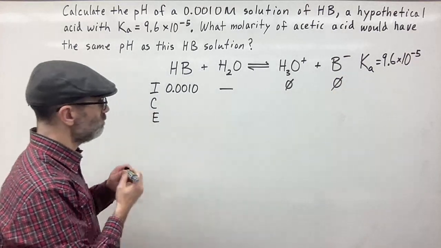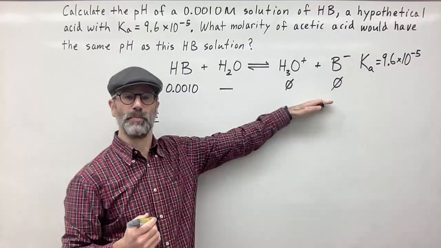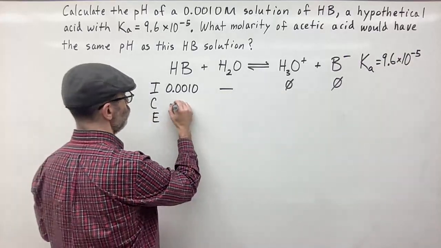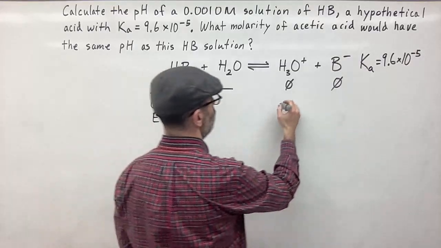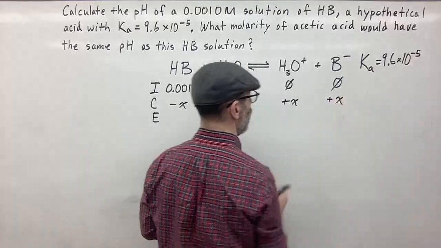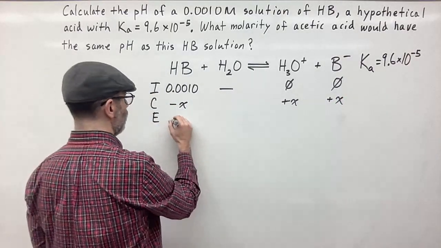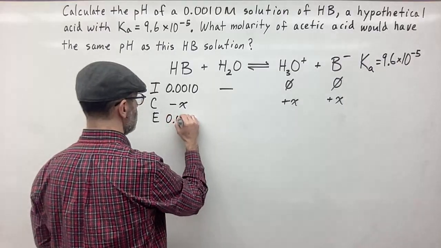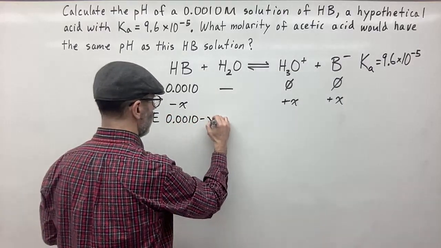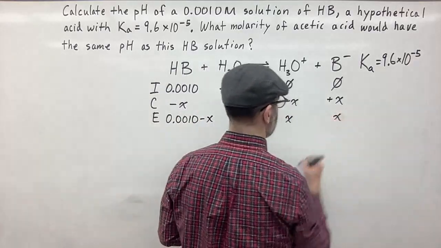Since we have 0 amount of products, it's going to shift in this direction to make product. So we're going to lose an X amount here, and gain an X amount for hydrogen and B minus. Then we add those together and get 0.0010 minus X, and an X here and X there.